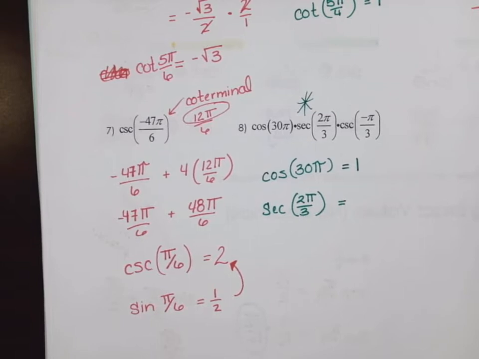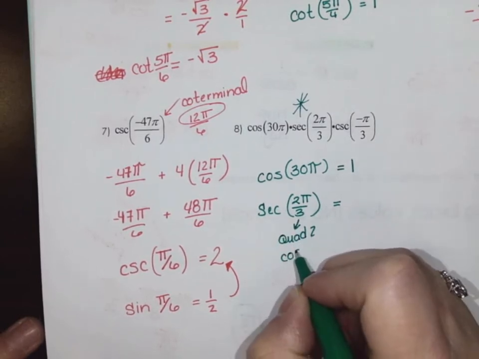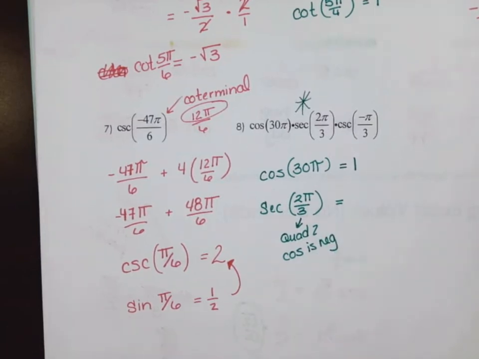Get your unit circle out, find 2 pi over 3. It's short, so it'll be half. We have to do the reciprocal. What do we know about cosine at 2 pi over 3? It's a negative half. So what's the reciprocal of negative half? Negative 2.